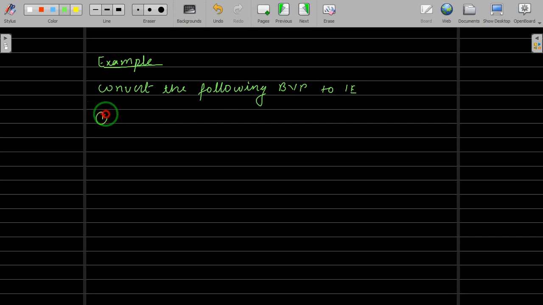Let me write the equations directly. We have y double dash equals minus lambda y, with y at 0 equals 0 and y at 1 equals 1.